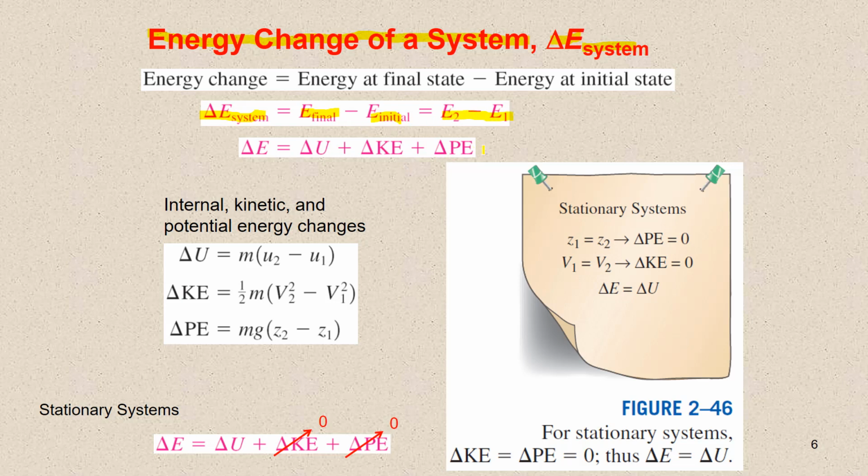Here all E values or energy values would be capital because we are dealing with the total energy of the system. Note that energy is a property and the value of a property does not change unless the state of the system changes. Therefore, the energy change of a system is zero if the state of the system does not change during the process.